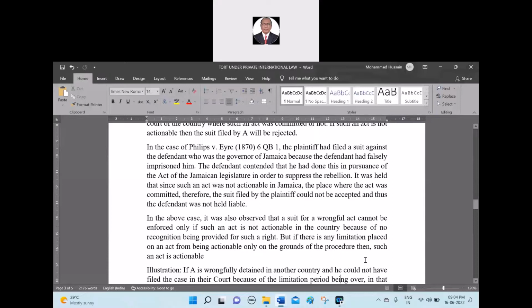But such a case in private international law, they say can be excused. If any case is barred by limitation, it will be accepted in private international law because the other person is a foreigner, and hence exemption will be given for the procedural laws. So it can be filed.